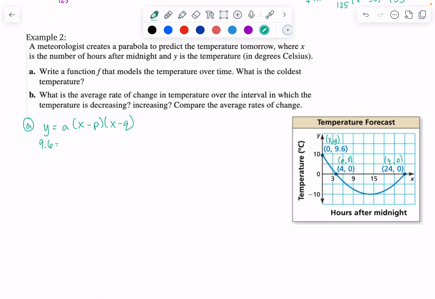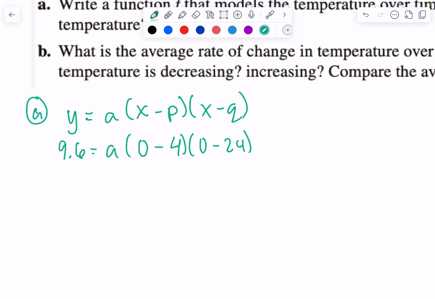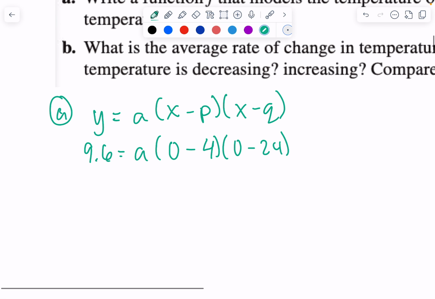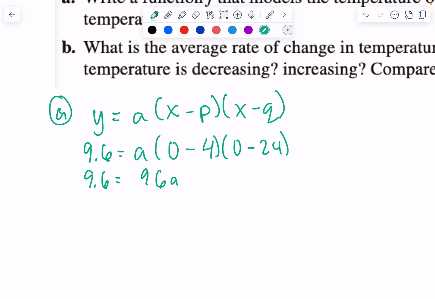So 9.6 equals a times (0 minus 4) times (0 minus 24). This is going to give me 9.6 equals, 4 times 24 is 96, so 96a.